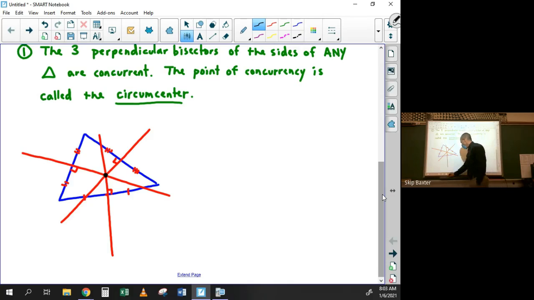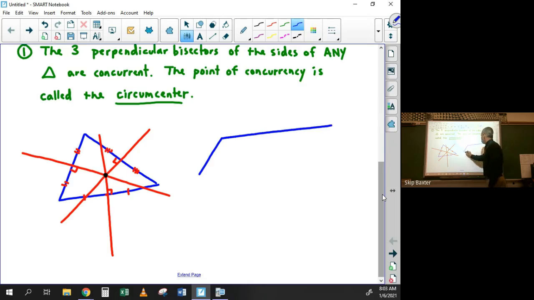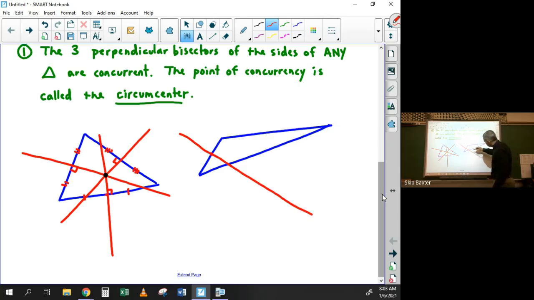Now it's possible that the circumcenter could actually be outside the triangle itself. And that's the case if it's an obtuse triangle. For example, I could have a triangle that's shaped like this. And if I do these three perpendicular bisectors, the perpendicular bisector of this side would look like this, right?